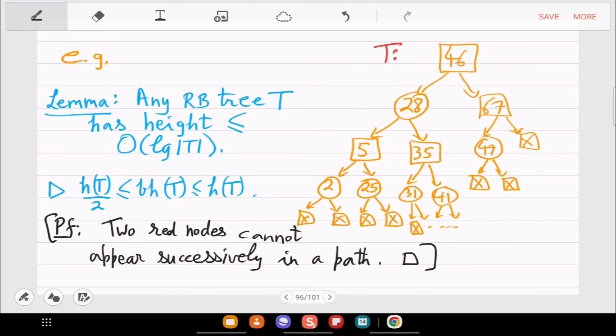Blacks in a path will always dominate. There will be one more usually, at least more than red. Yes, but we have to prove the lemma. That is trickier. It's not clear why the lemma should hold.